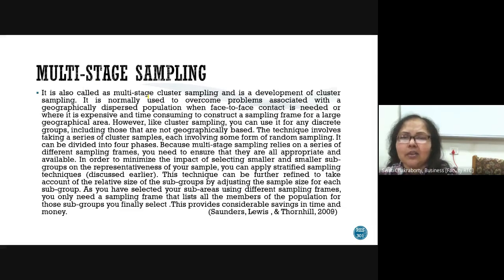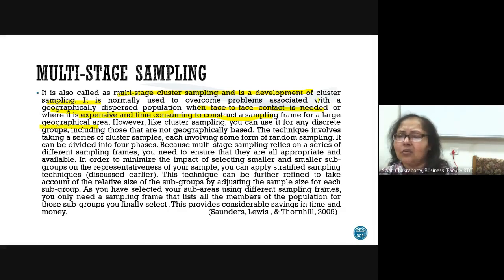Multi-stage sampling is also called multi-stage cluster sampling, and it's a development of cluster sampling. It's normally used to overcome problems associated with a geographically dispersed population when face-to-face contact is needed, or where it is expensive and time-consuming to construct a sampling frame for a large geographical area.